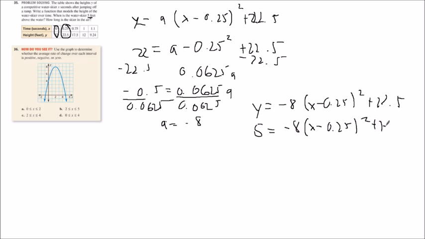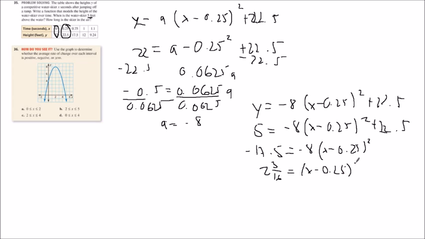Subtract 22.5 on both sides, you'll get negative 17.5 equals negative 8 times x minus 0.25 squared. Divide by negative 8 on both sides, you will get 3 over 16.